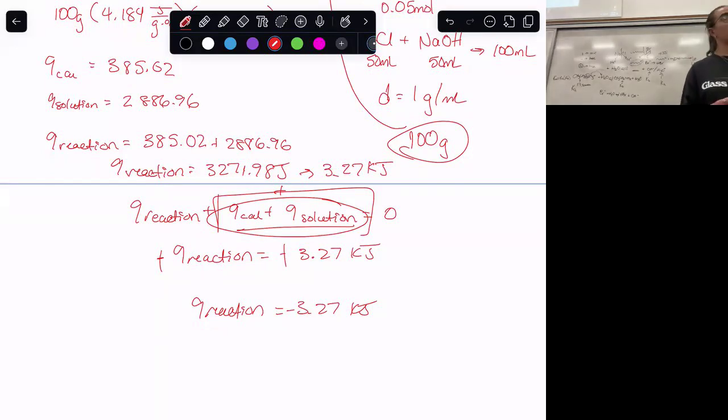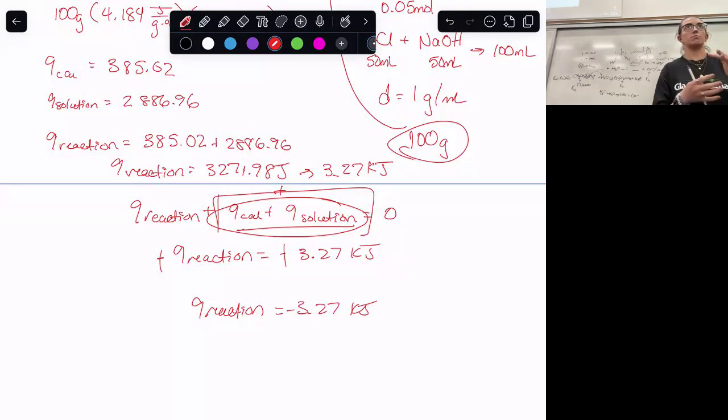I don't think so, no. Because you could have a scenario where you combine two things and it gets colder, like an ice pack, which has a positive Q reaction because it is going to be colder at the end.